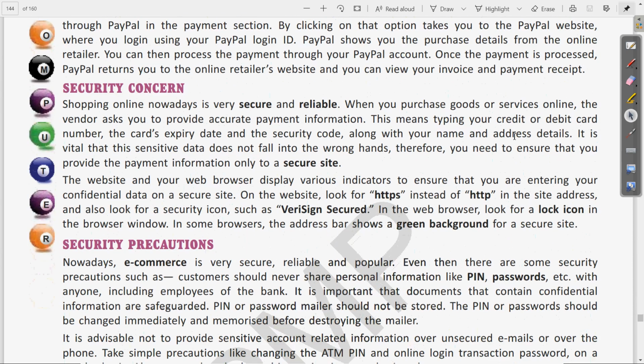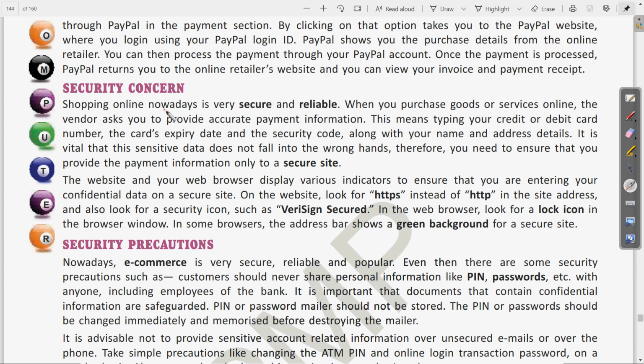Now coming to the next, that is security concerns. We are talking about the fact that when we are using an e-commerce platform, it is also required for us to be very safe and secure, because we are ordering everything online, so security is a major concern.